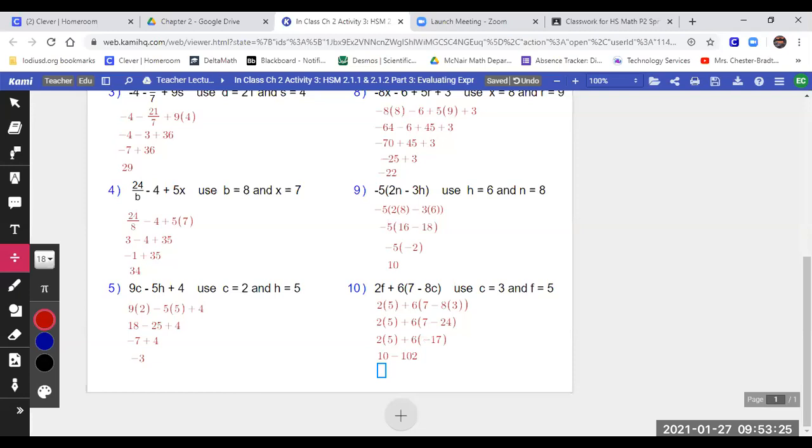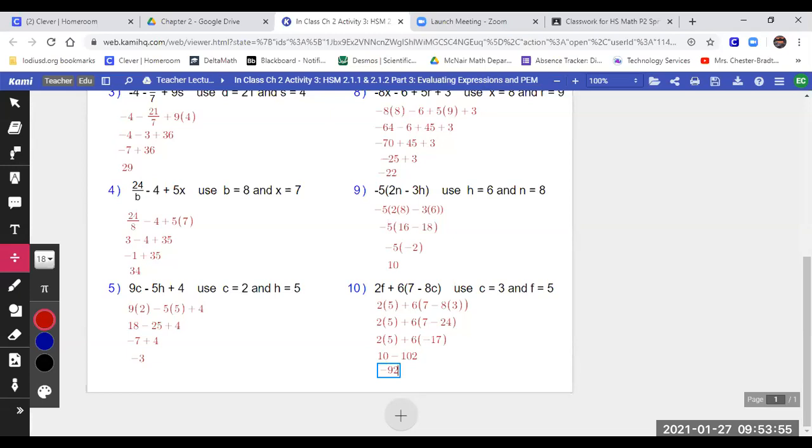And to find the final answer sign, where do we look? We look at the bigger one. So for this problem, what's our final answer sign going to be? Negative. And then we're saying 102 minus 10, because we always subtract. Okay, so our final answer is negative 92.